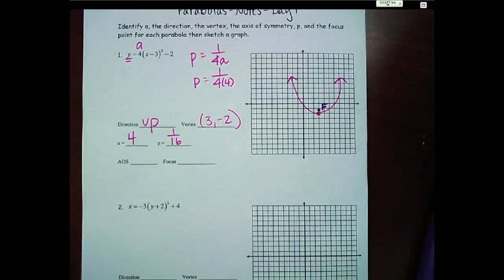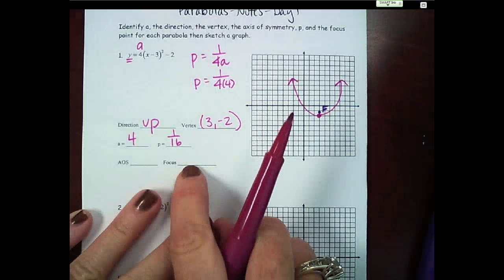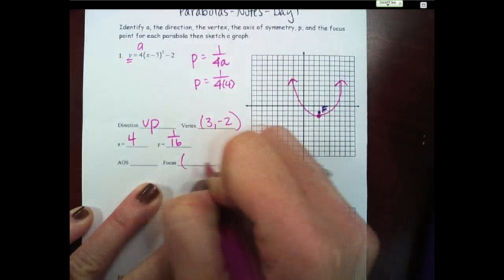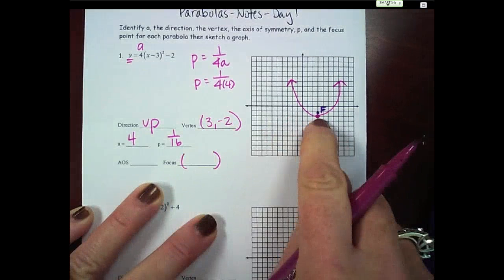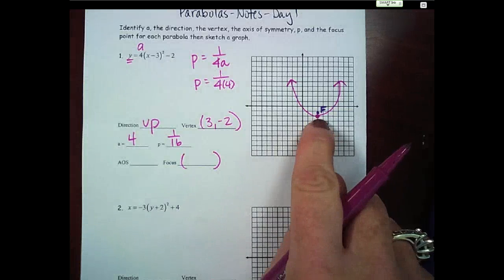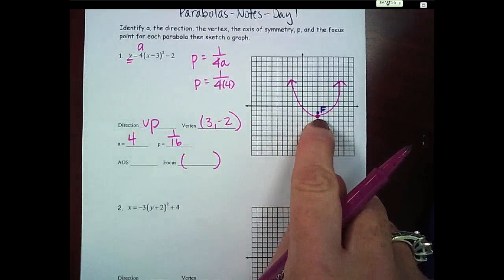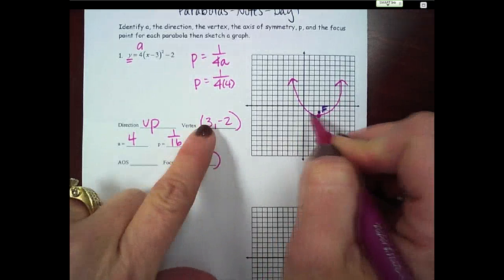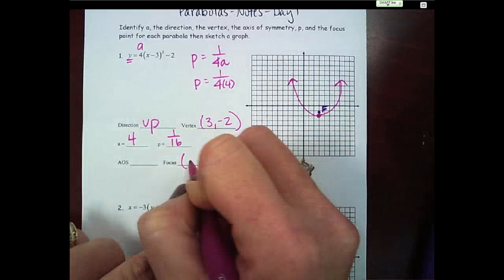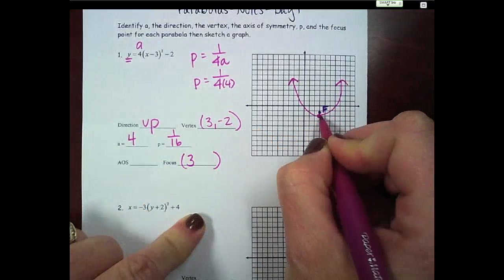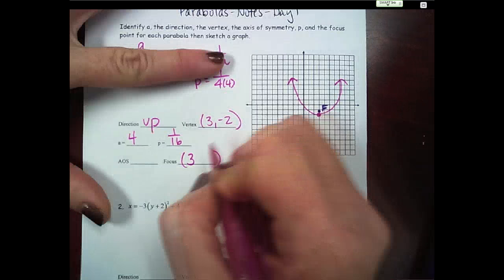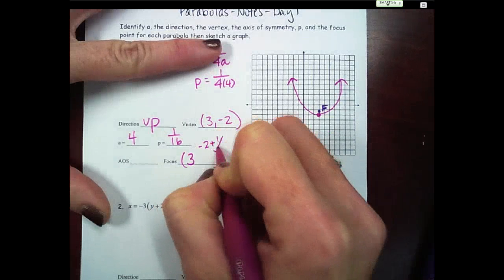Now, let's find the formula for the point for the focus. So here's my ordered pair, and let's think about this for a second. I slid that point up, so I adjusted the y, didn't I? How much did I adjust the y? I went over 3 still, so I'm still at 3. But instead of being down here at -2, I went up a little. So I want to take my -2 and go up 1/16.